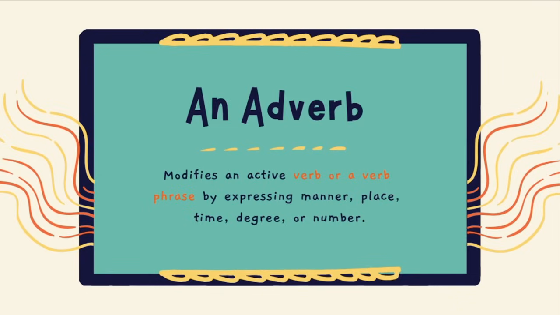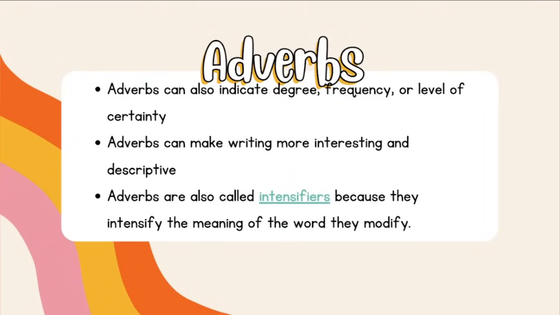So what's an adverb? An adverb modifies an active verb or a verb phrase by expressing manner, place, time, degree, or number. It also indicates a degree, a frequency, or level of certainty. It also helps us make our writing more interesting and descriptive.